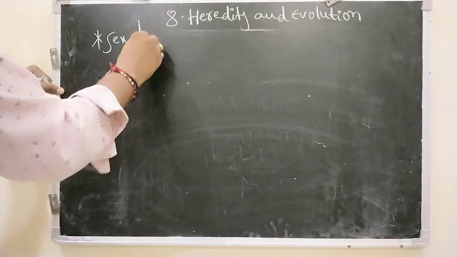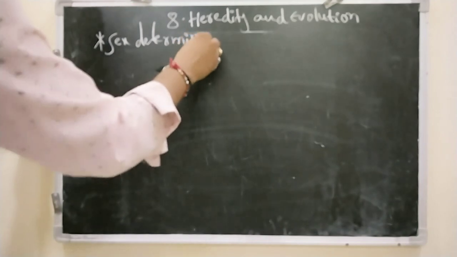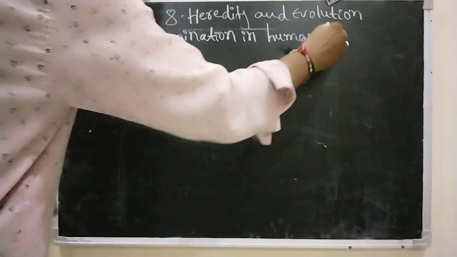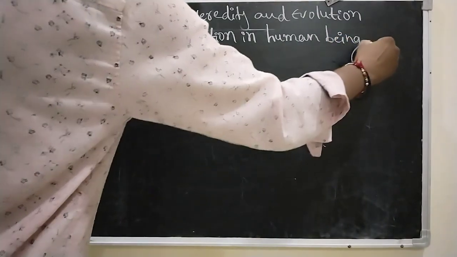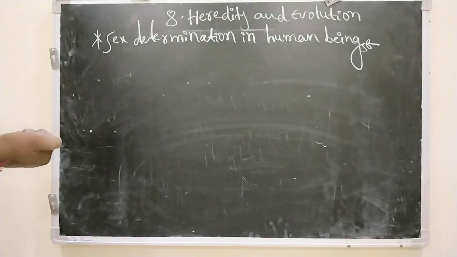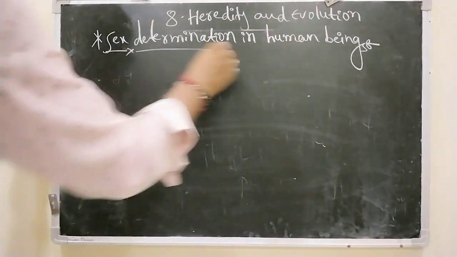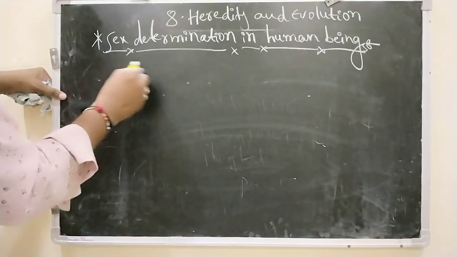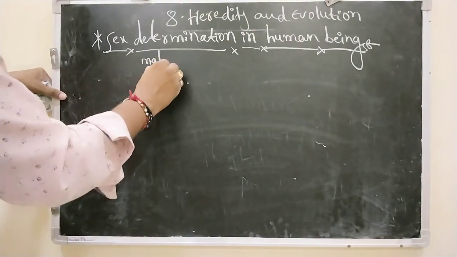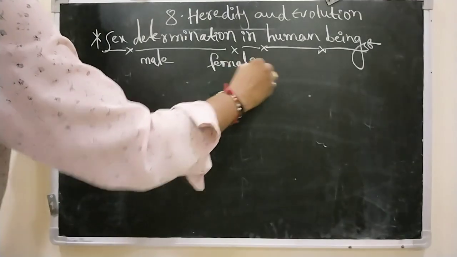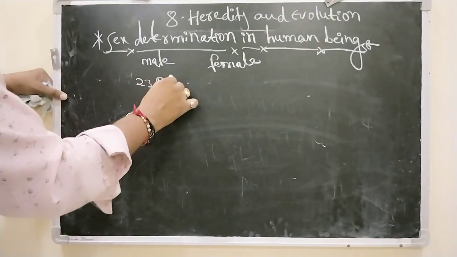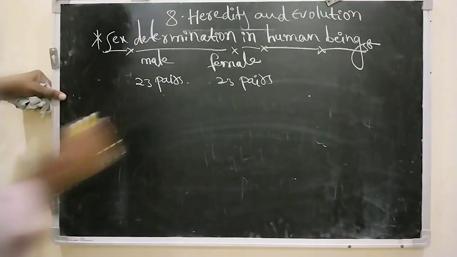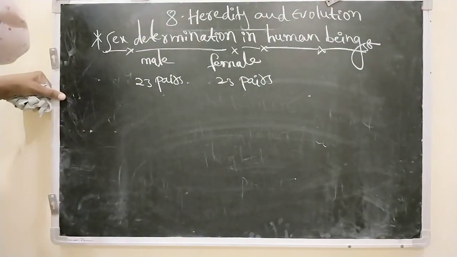Sex determination in human beings. Either in males or in females, how many pairs of chromosomes are there? There are 23 pairs of chromosomes, which means 46.